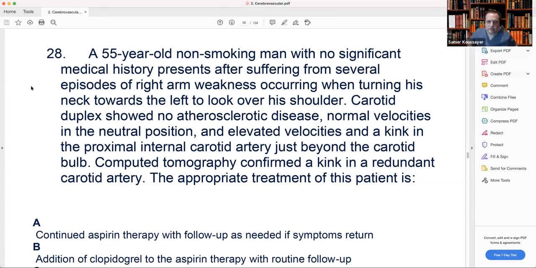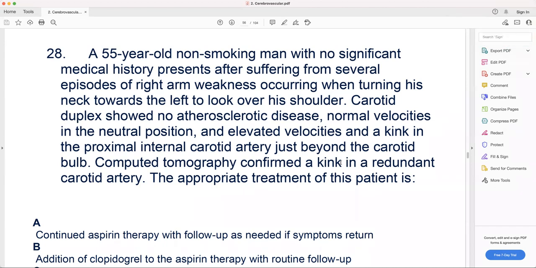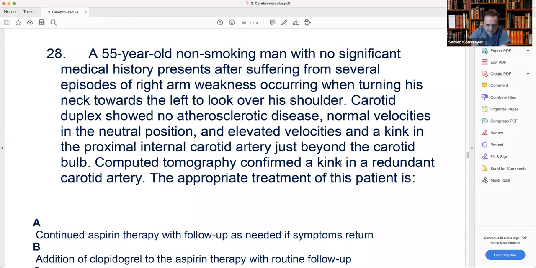Okay, before we go to that, let's talk about the kink. Today is all nice subjects. They mentioned the kink, if you remember, in the guidelines: the kink of the internal carotid artery. It is not uncommon. We commonly see the kink. Most of the time, we don't pay attention to it, unless the patient has two things. First, symptoms.